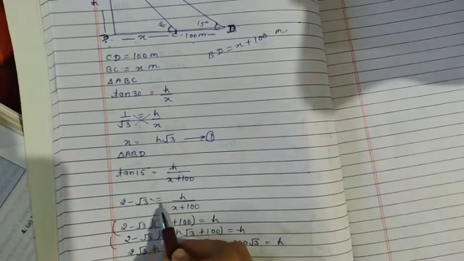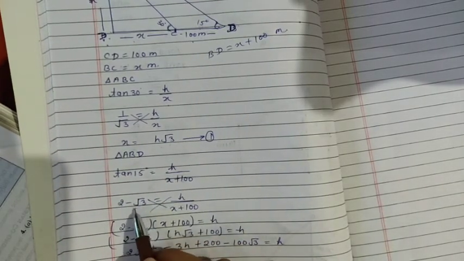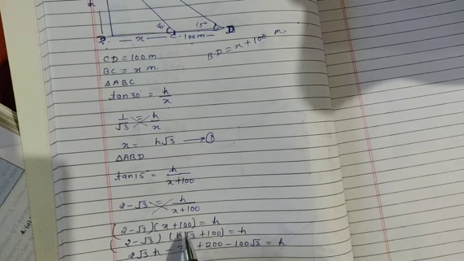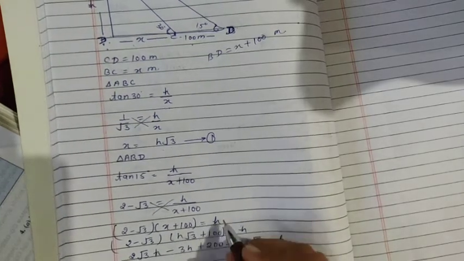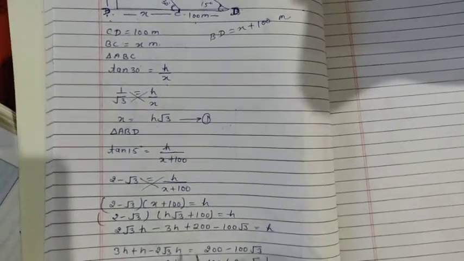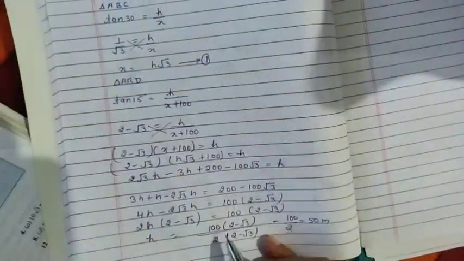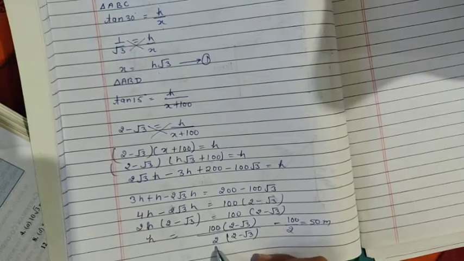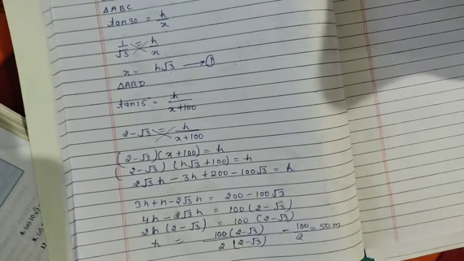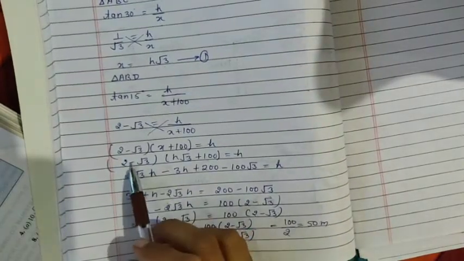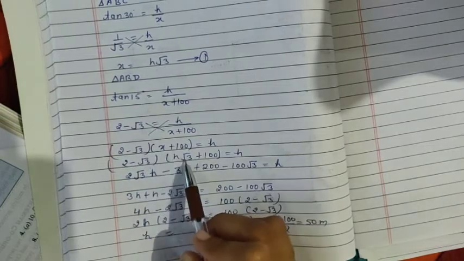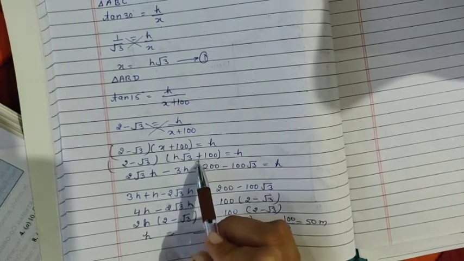Now by cross multiplying, 2 minus root 3 multiplied by x plus 100 is equal to h. When we solve it, we get h equals 100 upon 2, which is 50 meter.